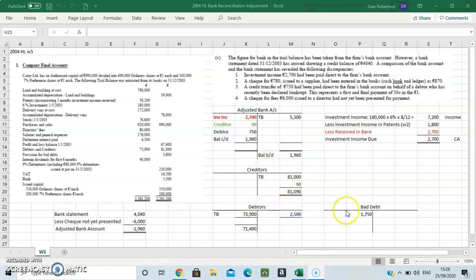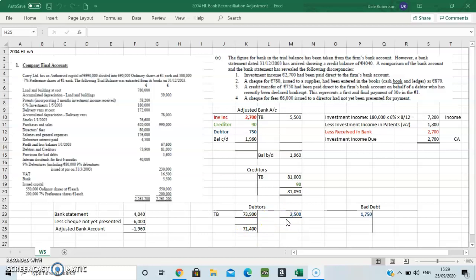And 1750 he cannot pay us, and we put that on the debit side of bad debt, and that's an expense. So this 2,500 on the credit is matched by 2,500 on the debit between here and here. That brings our debtors number down to 71,400, and that's the number that we will use for our provision for bad debts calculation.